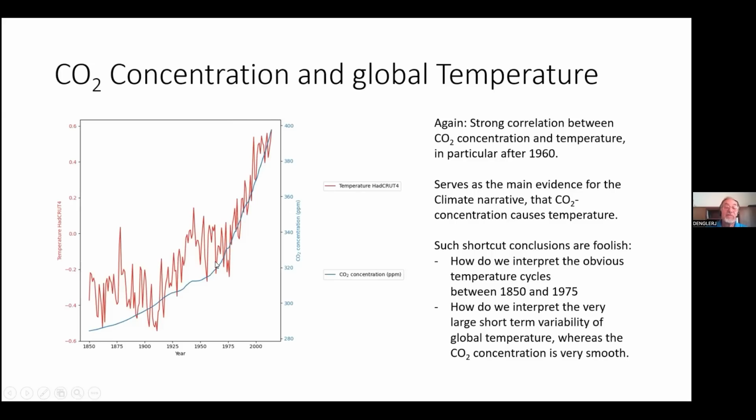Here we have large variations in the temperature, but only very smooth CO2. And if we assume that CO2 would cause temperature changes, then we would assume to have equally smooth temperature. At least we definitely know there must be a second factor or other factors.